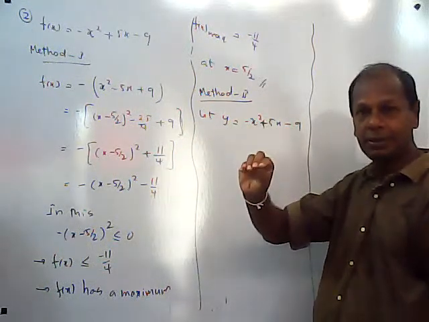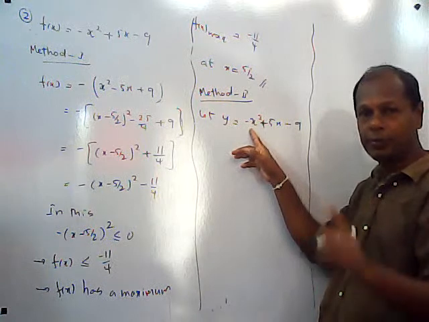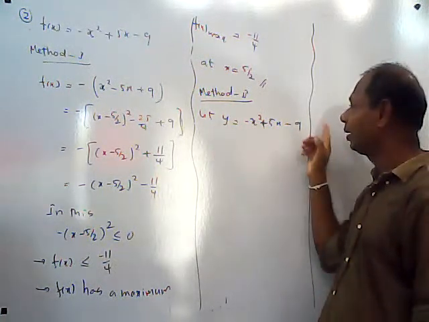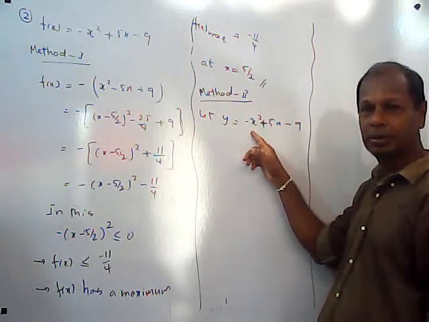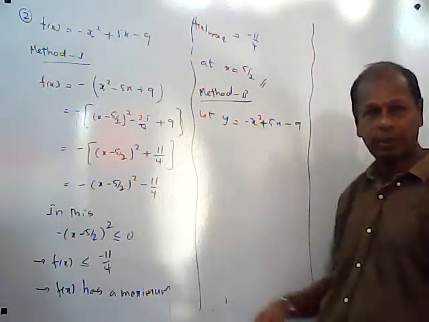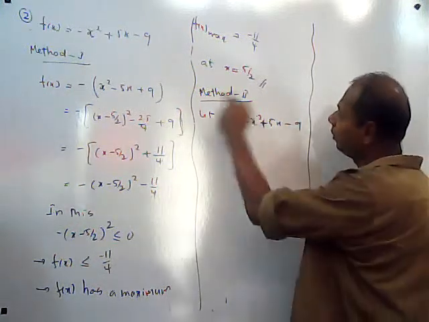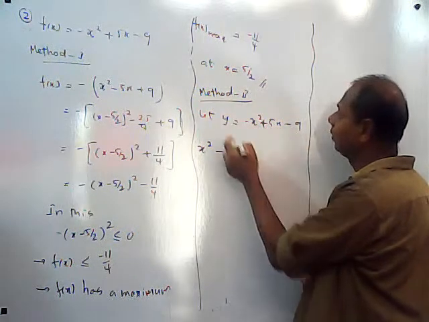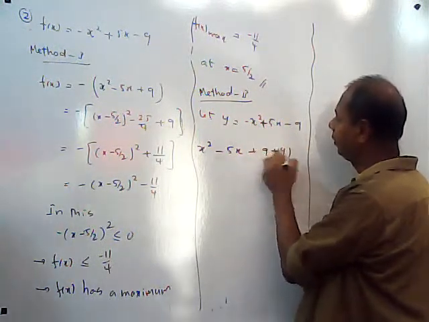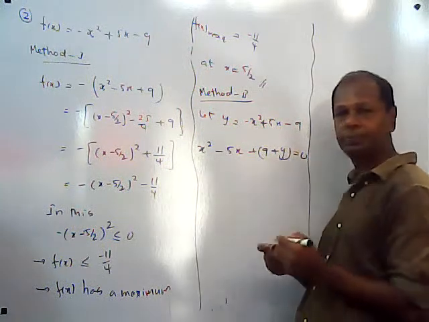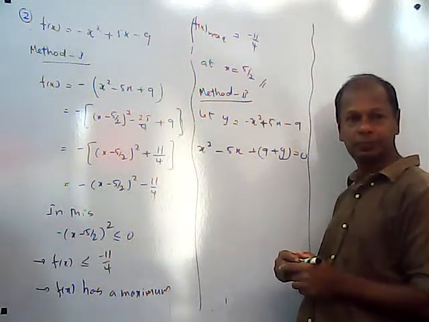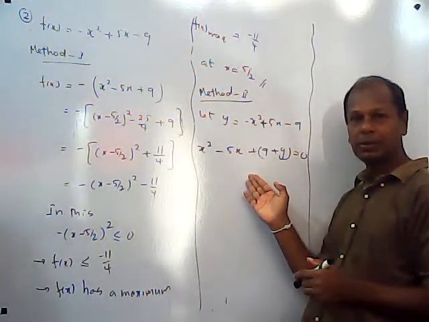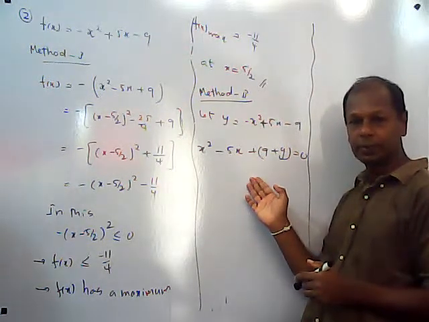It's always easy to keep the coefficient of the x squared term a positive number. Then it is a quadratic equation: x squared minus 5x plus 9 plus y equals 0. The best thing is to get the quadratic equation in this form.